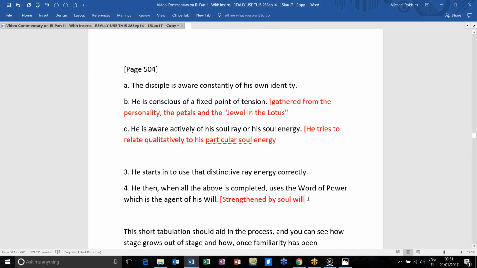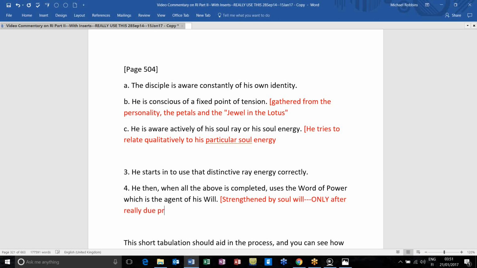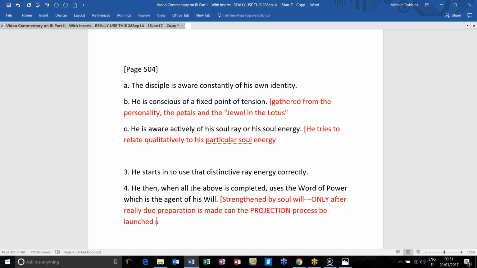So what strikes me here is that only after really due preparation is made can the projection process be launched successfully.